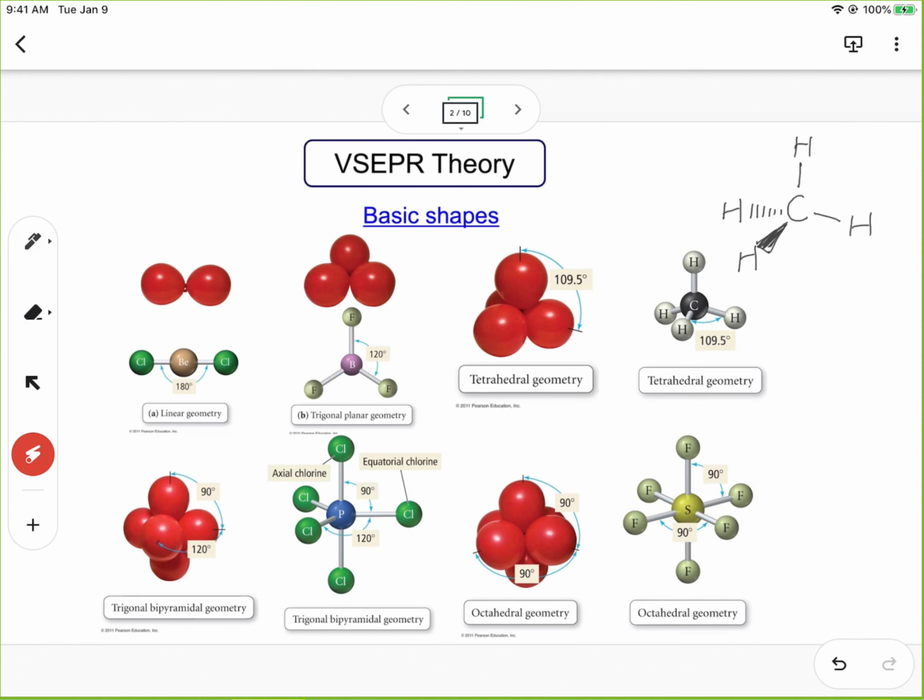If you take a look at the bond angle of this Cl-P and this PCl bond, that is going to be 120 degrees, and also this bond angle and this bond angle. So that is 120. The last one here is 180. If you are talking about this bond and this bond, as you notice, they are in opposite directions. Therefore, for these two bonds, it's 180 degrees.